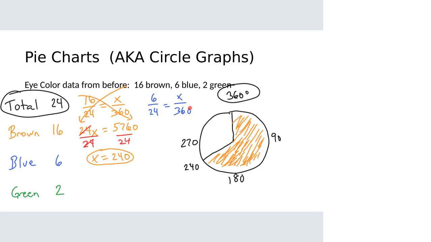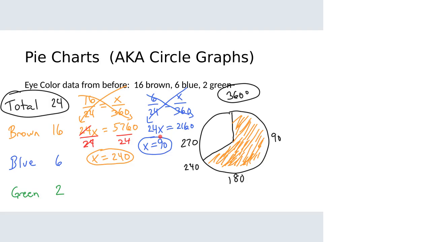You let me know if anything doesn't make sense. We'll cross multiply and have 24x equals 6 times 360, which is 2,160. Divide both sides by 24, and x is 90.